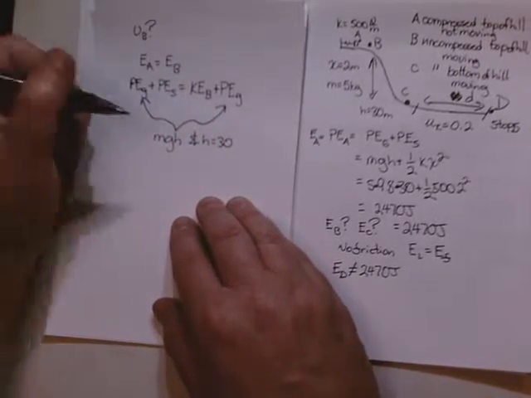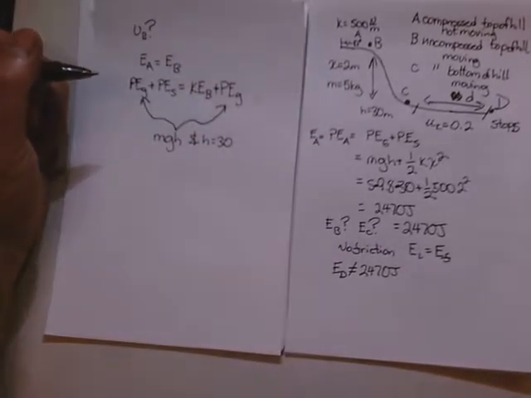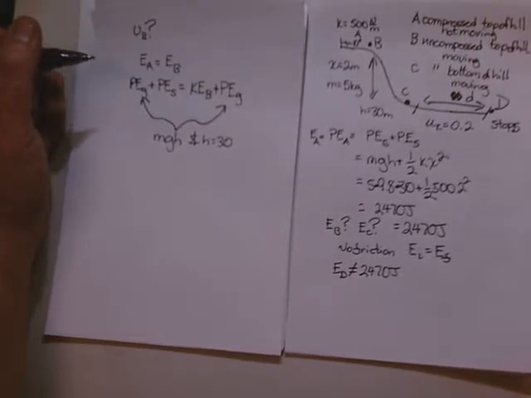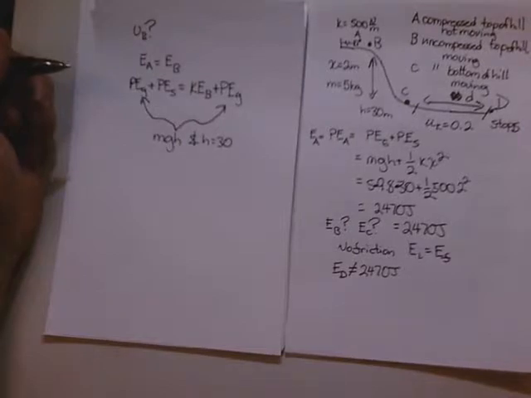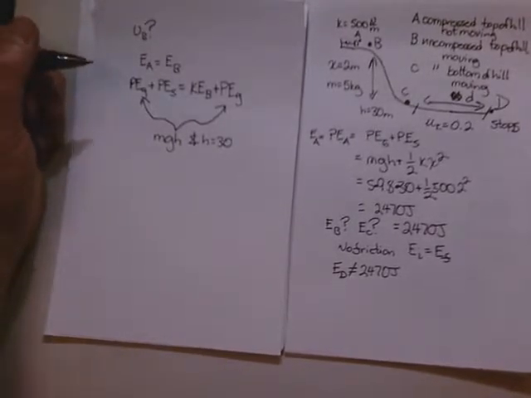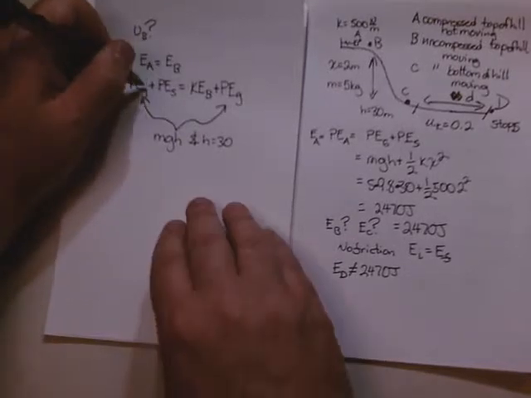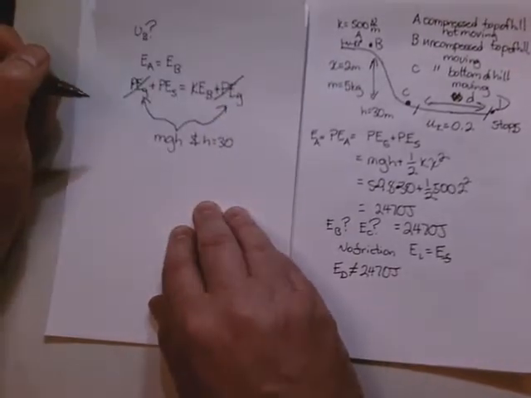So those things are equal to each other. If the surface remains level, you don't need to put that in. It's kind of like the appendix of the problem. You can just cross them out.